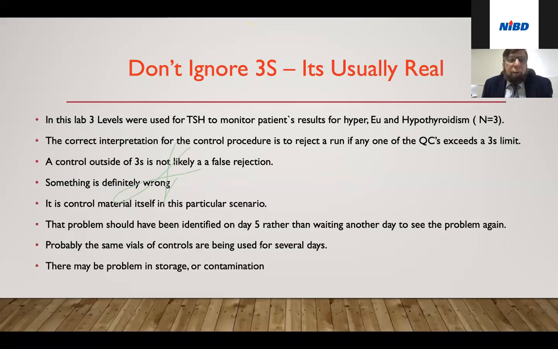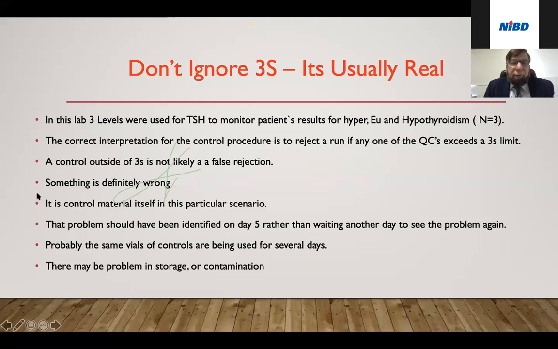So in this lab, three levels were used for TSH to monitor patient results for hyper and hypothyroidism, as I told earlier. The correct interpretation for the control procedure is to reject a run if any of the QCs exceed 3S limit. A control outside of 3S is not likely a false rejection.